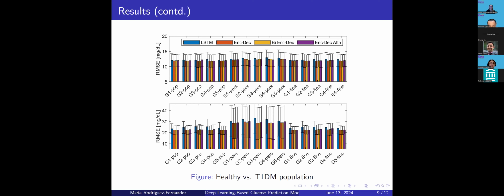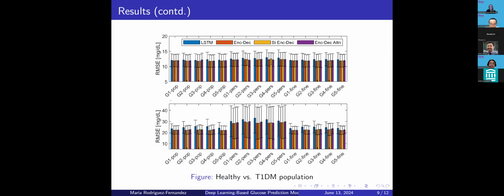Maybe people are not reporting the correct amount of carbohydrates they are having, or they are not reporting the times correctly. And for this kind of models, timing is key. If they are reporting the food after they consume it, or reporting too early, then the model is not going to be able to use this information properly.